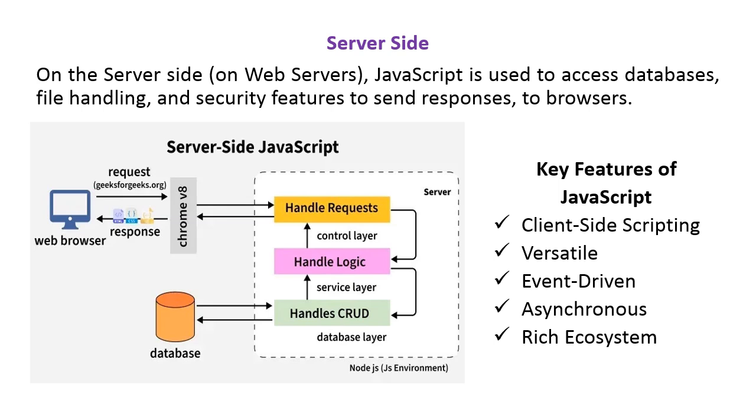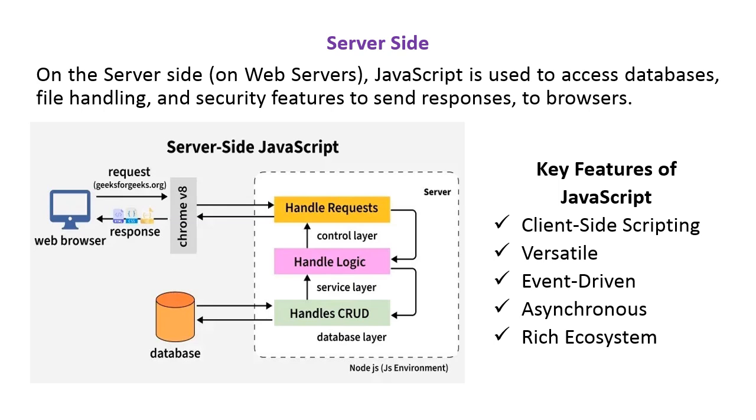Versatile: it can be used for a wide range of tasks, from simple calculations to complex server-side applications. Then event-driven: it responds to user actions like clicks and keystrokes in real time.